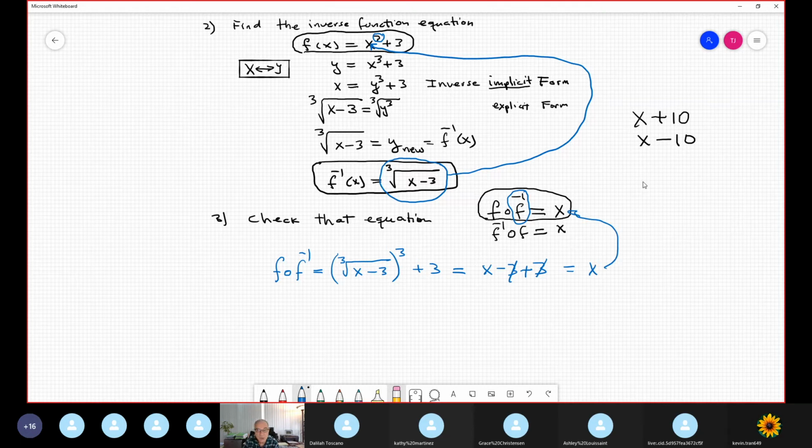Let's do it in the opposite direction, in a different order. In a different order, you take now the original and substitute where? Here. Okay, now I try to find f inverse first, f inverse second, sorry, and f first.